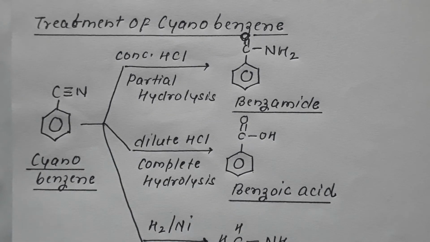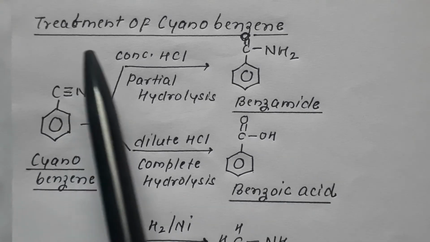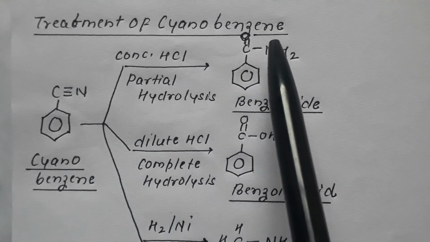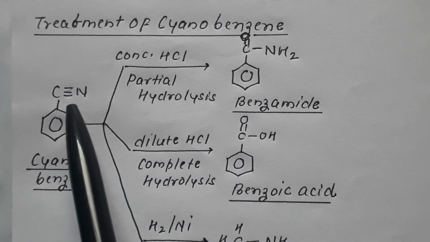We have already done that cyano can be treated in 3 ways: one is partial hydrolysis, other is complete hydrolysis, and next one is reduction. And reduction is also of 2 types. We have dealt with the Mendius reduction and the Stephen reduction. That concept which I have already dealt with, I am dealing with again for cyanobenzene.